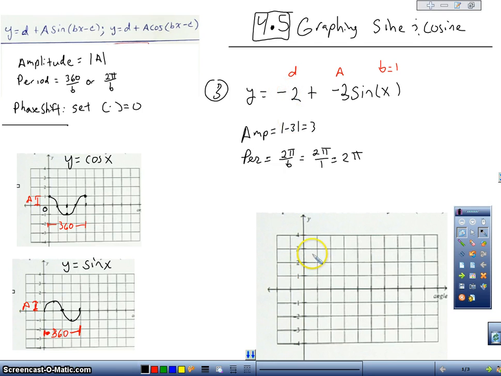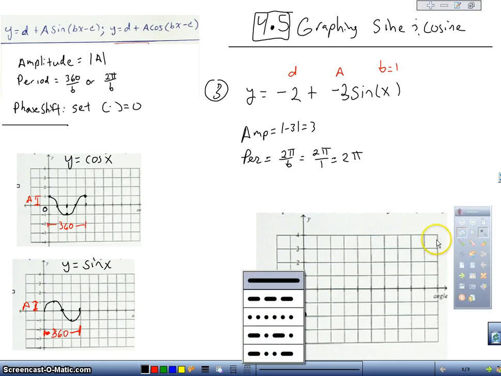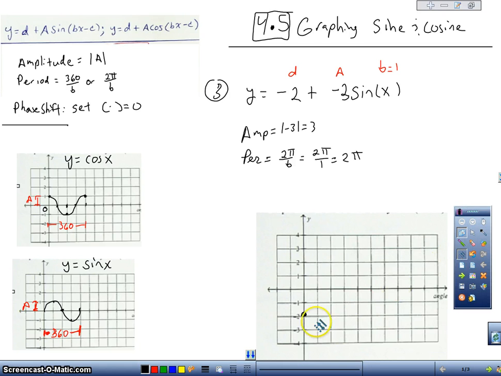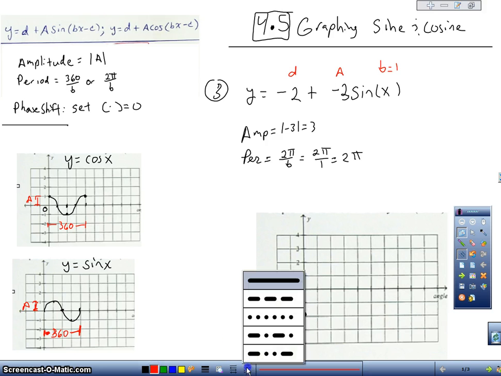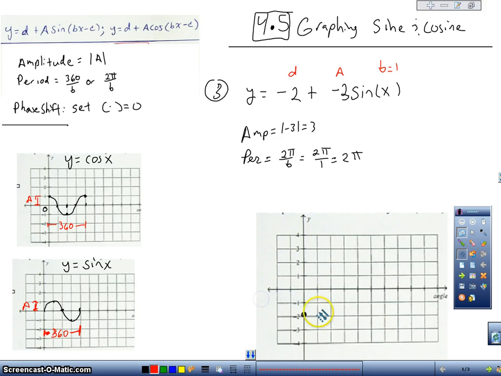Well, actually, because it's negative 2, it's going to actually lower the wave down here. So let me illustrate that by plotting this dotted line at negative 2. And so this is going to be like the new x-axis.